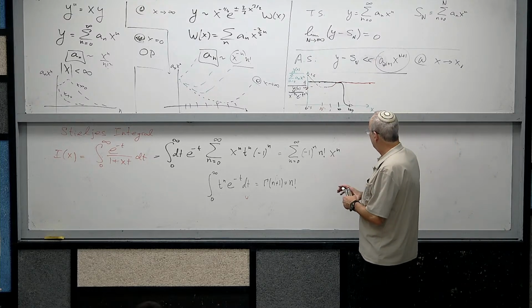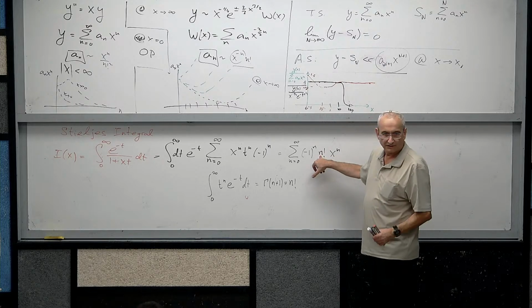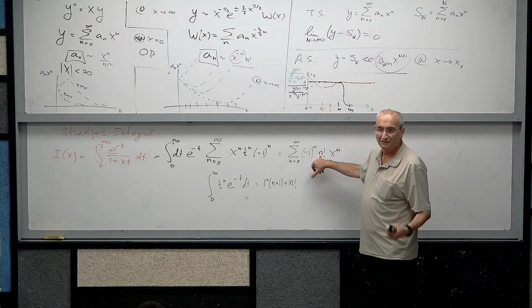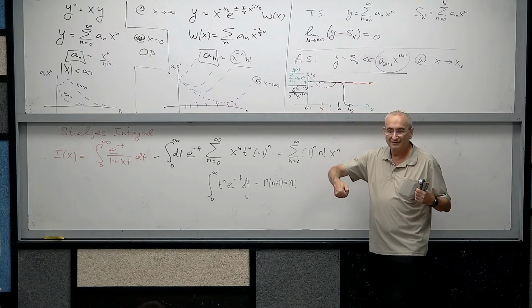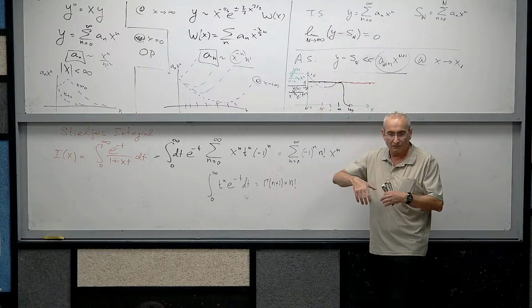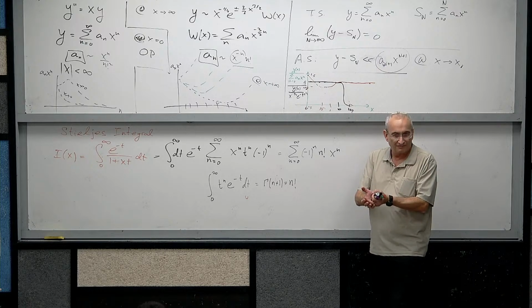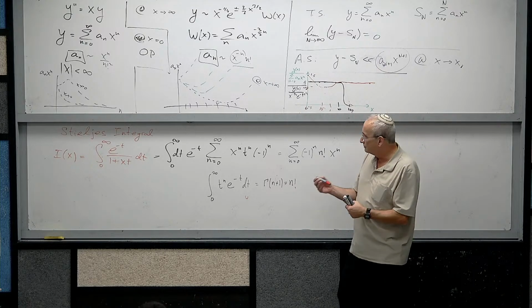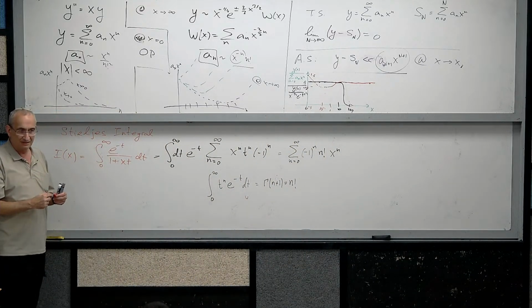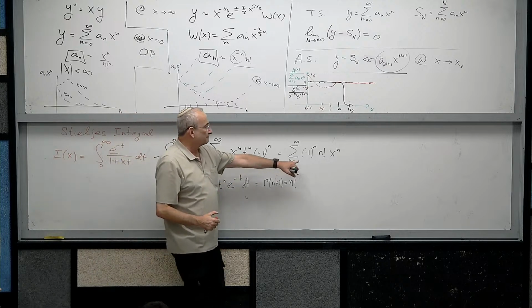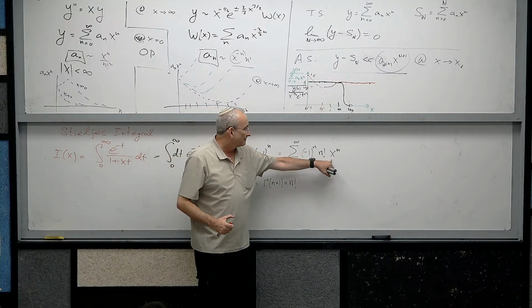This sum always diverges because of the n factorial. And the reason is that we are trying to expand something around a point where the radius of convergence is 0. So 0 is not a point around which we can expand this in a Taylor series. As a result, what we get is an asymptotic series.